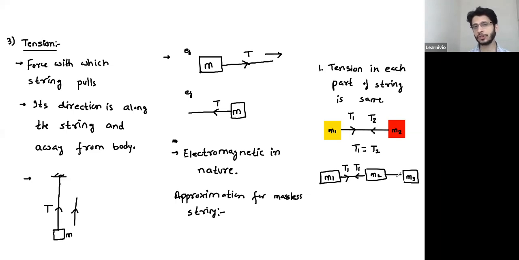But this is a different string, so tension would be different. This is T2 and this is T2. Now T1 in general is not equal to T2.